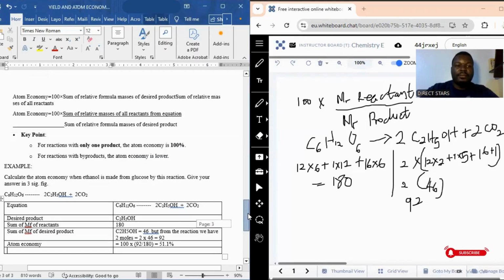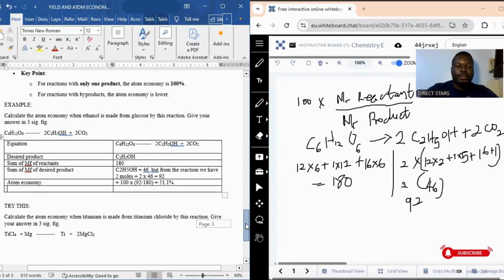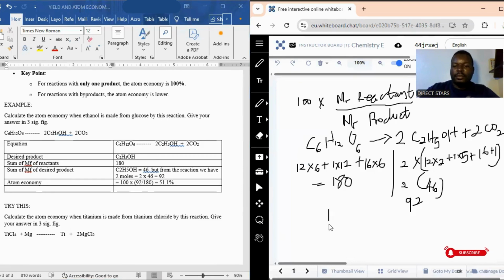So now we have our product and we have our reactants in the equation. The next thing for us to do is to go ahead and get our atom economy, which is 100 times the product, which is 92, divided by the reactant, which is 180.